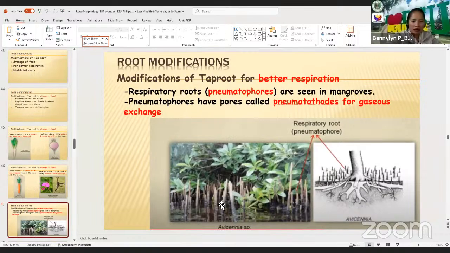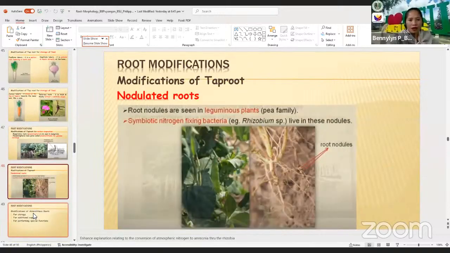If you observe the surroundings of the mangroves, these are responsible for gaseous exchange. So they are the ones interacting with the environment to absorb oxygen, since the oxygen in the water is limited. So that is the function of these pneumatophores, or the respiratory roots.